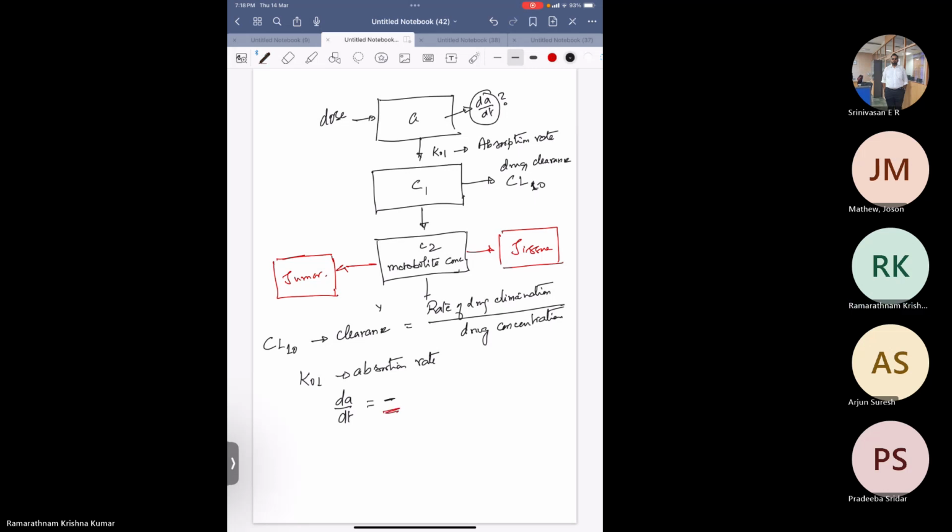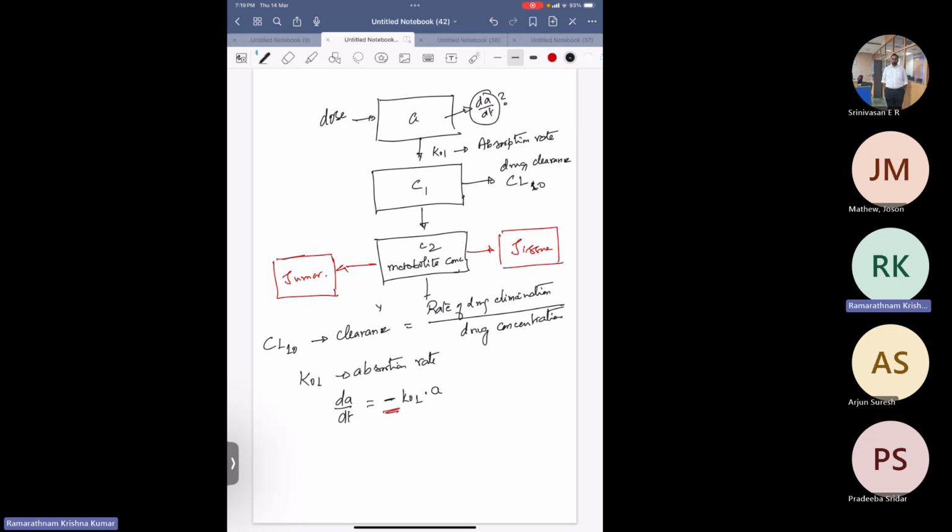Then the rate is K01. Absorption rate is always multiplied by A. So the larger the amount of drug there, the rate at which it is going to be absorbed is high.